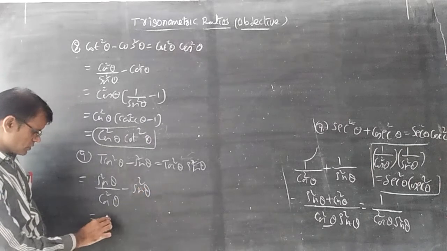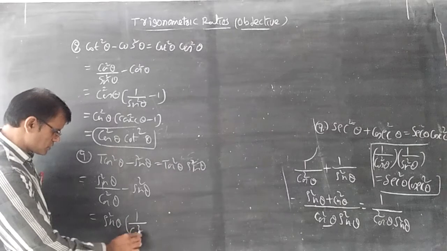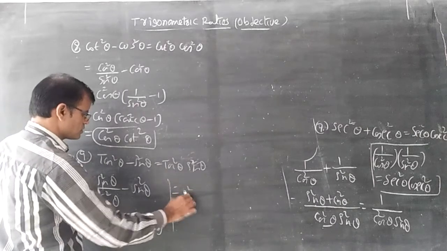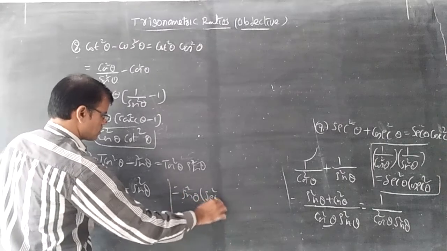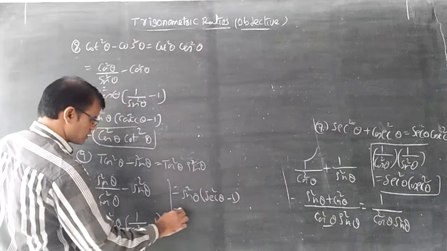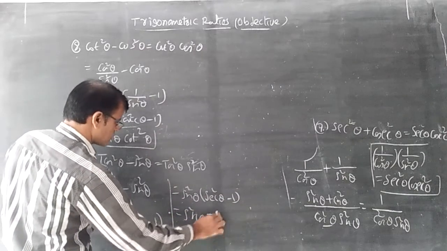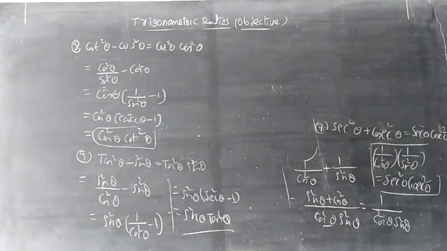That is equal to sin square theta, take common, 1 by cos square theta minus 1. That is equal to sin square theta into secant square theta minus 1, which by the formula is tan square theta.